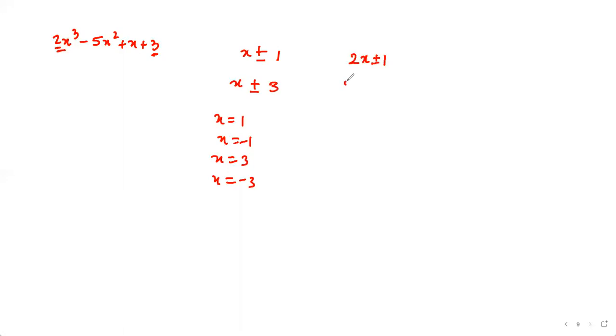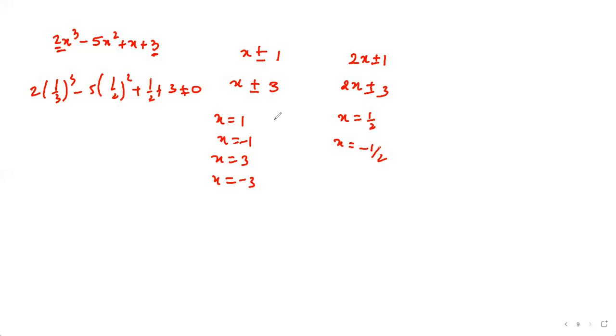So these can be the 4 possible pairs of new possible factors. So now here, if I try x equals to half, you can try 2 times half cube minus 5 times half square plus half plus 3, which is not equal to 0. Similarly, if I try x equals to minus half, it doesn't come to 0.